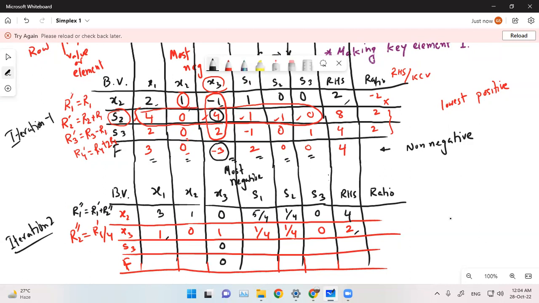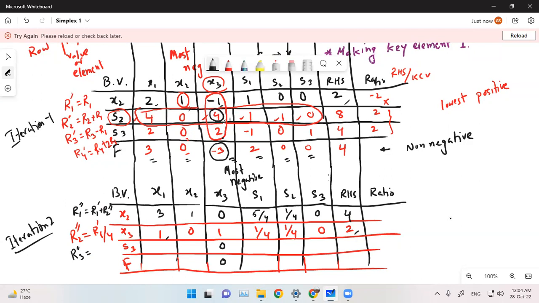Now what about our R3 double prime? R3 double prime will be simply what value we have? 2 we have, and our value here is 1.